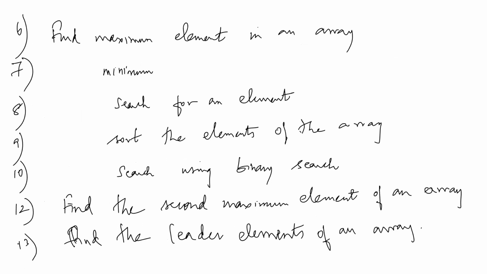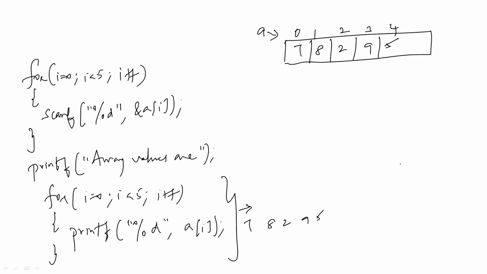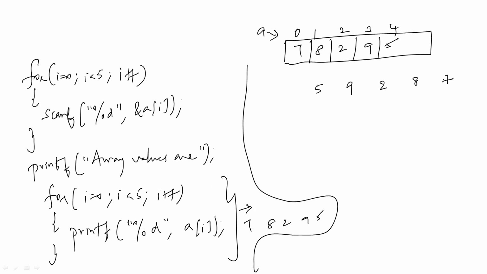But what's my first question saying? Print the values of the array in reverse order. Means what, sir? Values of the array in reverse order means I want 5 to be printed first, then 9, then 2, then 8, then 7. Very, very important.